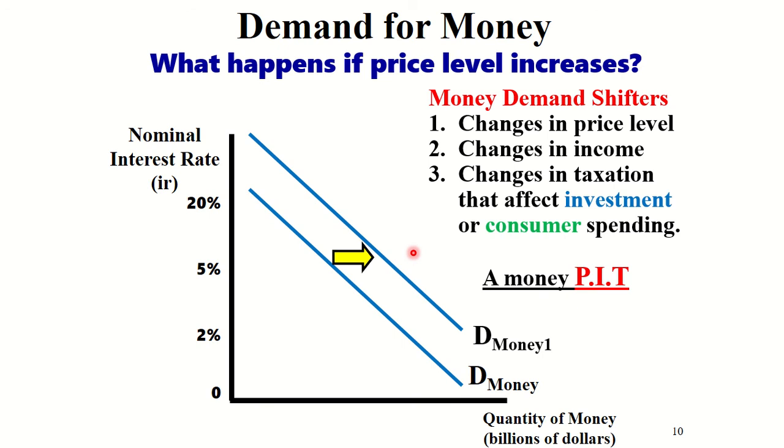Changes in taxation. If taxes decrease, that's going to increase your demand for money because we have this wealth effect, right? You have this idea that your income is increased. And so investment and consumer spending would increase and the demand for money would increase. And vice versa in all of those cases, right? If the price level were to decrease, or if income were to decrease, or if taxation were to increase, demand would decrease.